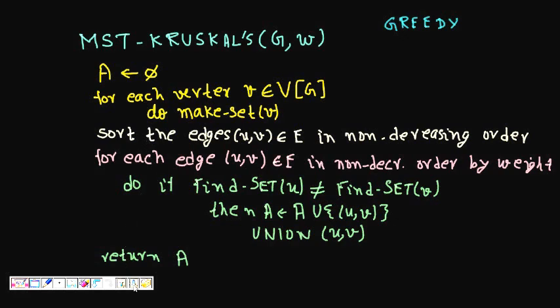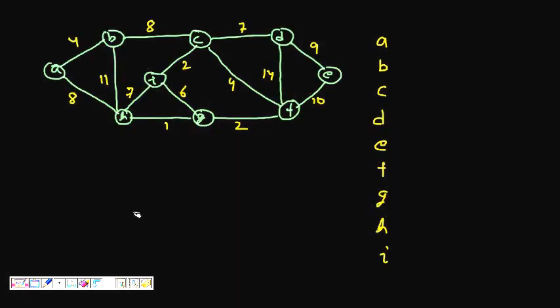So let's work it out. This is a graph that is given where you have the weights assigned to the edges, and I want to find the minimum spanning tree out of this graph.